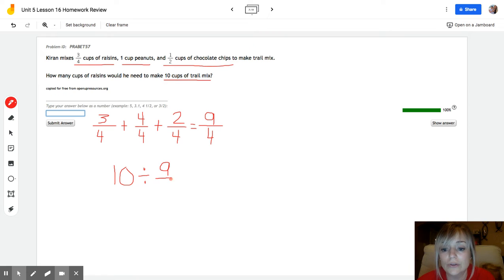When you add all the ingredients together, you have 2 1/4 cups of raisins, peanuts, and chocolate chips all together. When you divide by a fraction, you flip that around and multiply. So this is the same thing as saying 10 over 1 times, we're going to invert this, the opposite, 4/9.